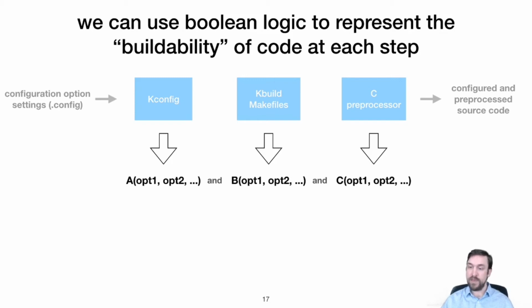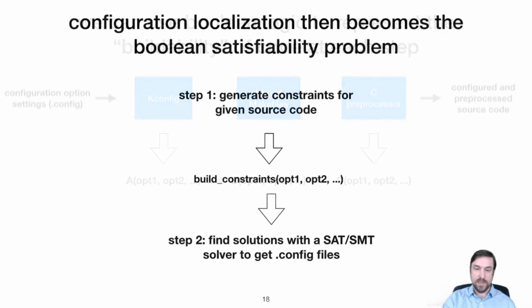If we can do this, then configuration localization is really just generating these constraints as Boolean formulas and then doing satisfiability. Finding the solutions to a Boolean formula is the classic Boolean satisfiability problem, classic in computer science for decades.